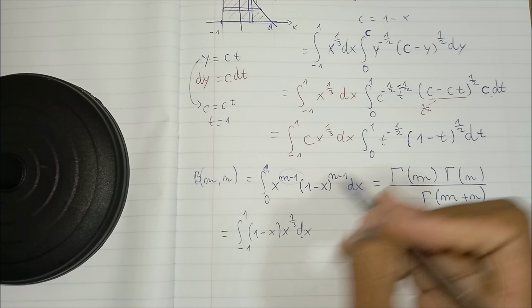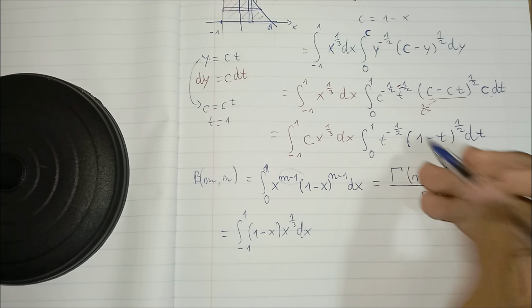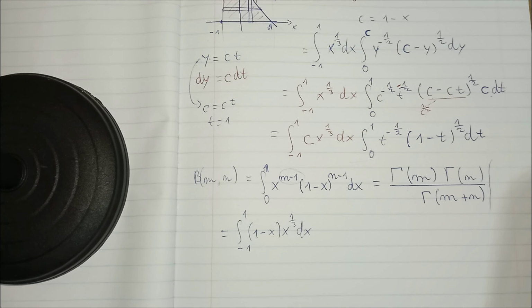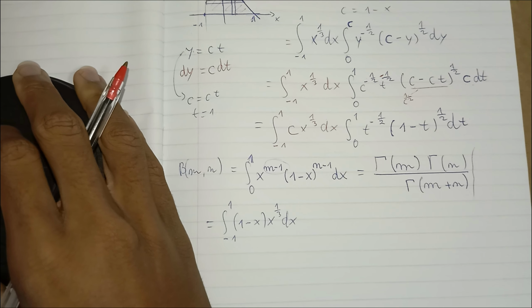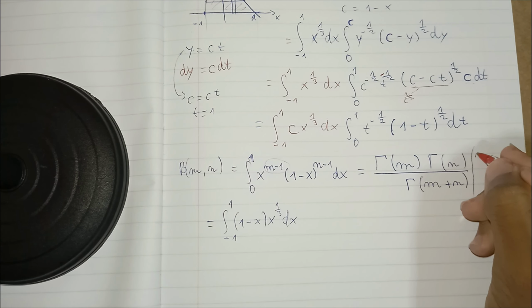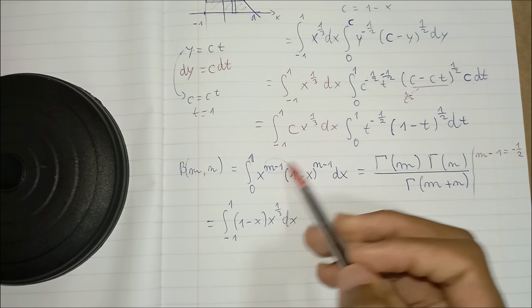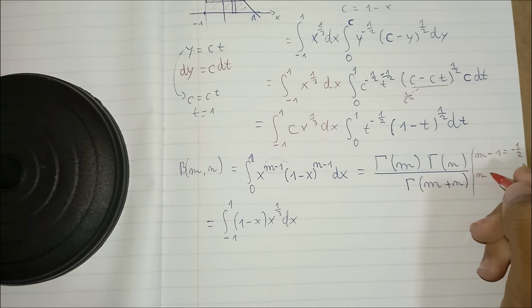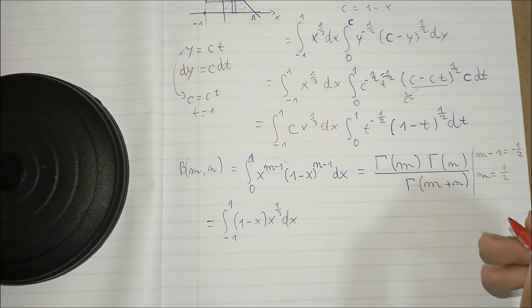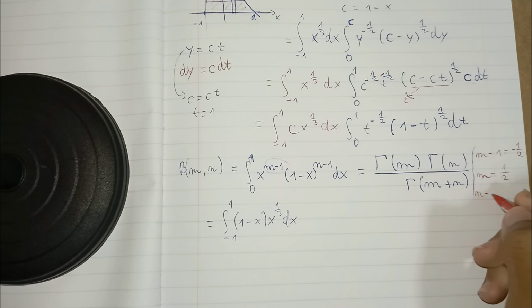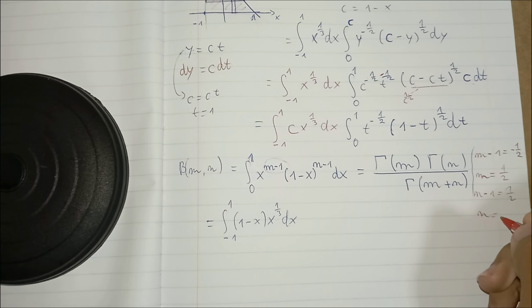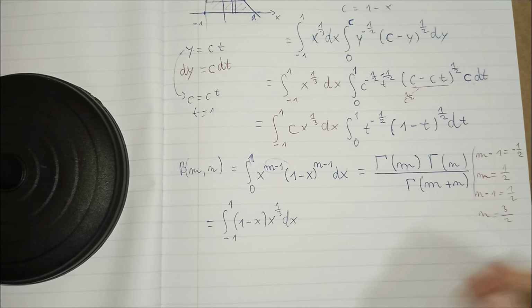If you compare m, it's pre-calculus now. m minus 1 is equal to minus 1 over 2, so m is equal to 1 over 2. What about n? n minus 1 is equal to 1 over 2, so we get n equal to 3 over 2.